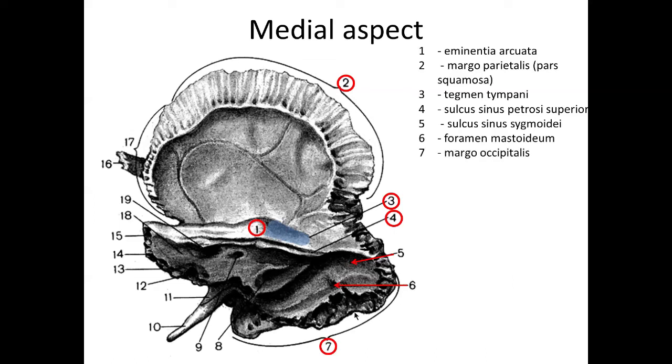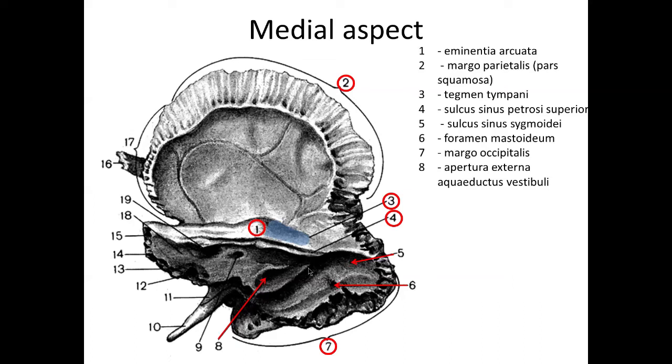Now, margo occipitalis is the part which contacts with the occipital bone. And then a very important hair-like structure which is called apertura externa aqueductus vestibuli.